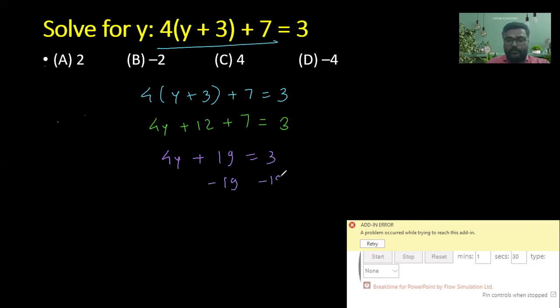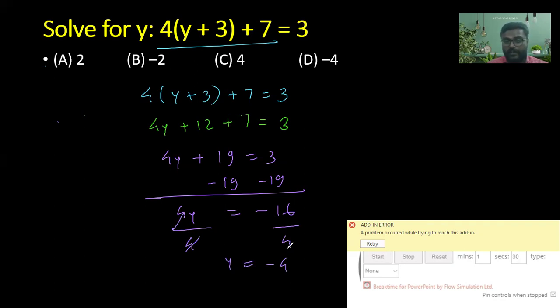Subtract 19 from both the sides. 4y equals 3 minus 19, which would be negative 16. Divide both the sides by 4. This 4 will get cancelled. Y equals 16 divided by 4 is nothing but 4, but the negative sign remains as it is. So negative 4. Option D is correct.